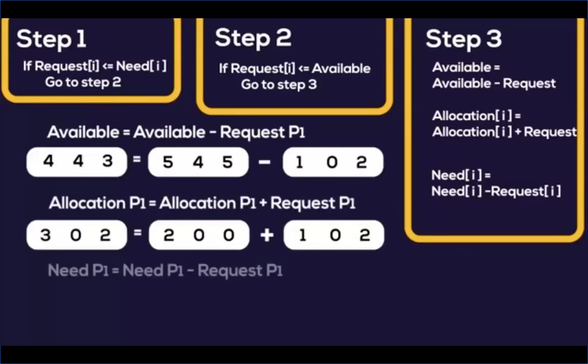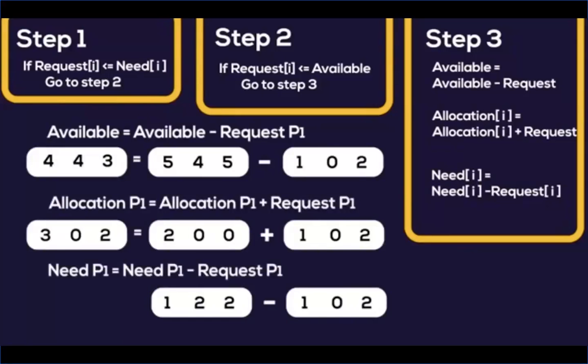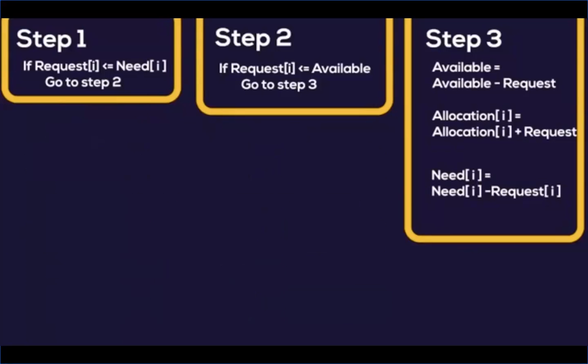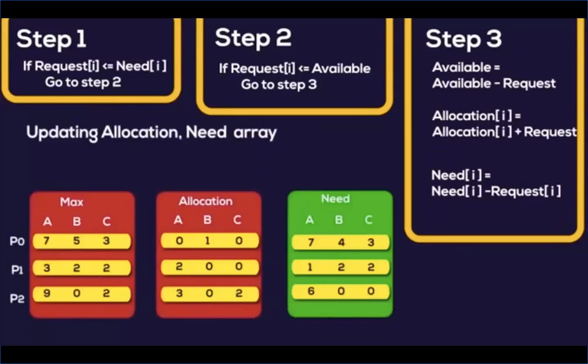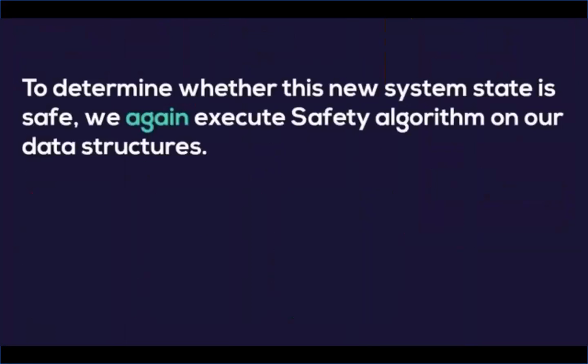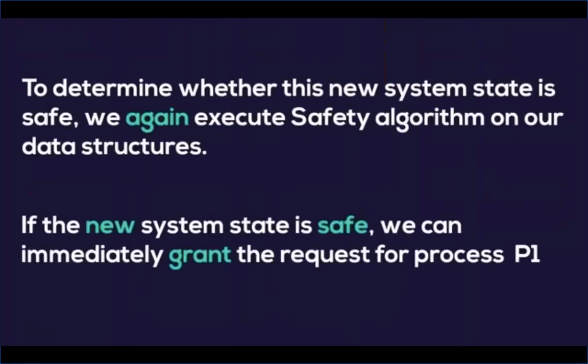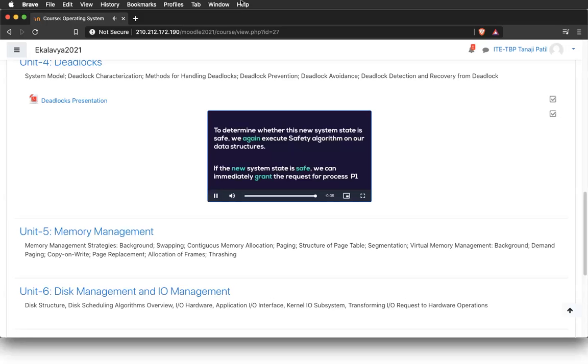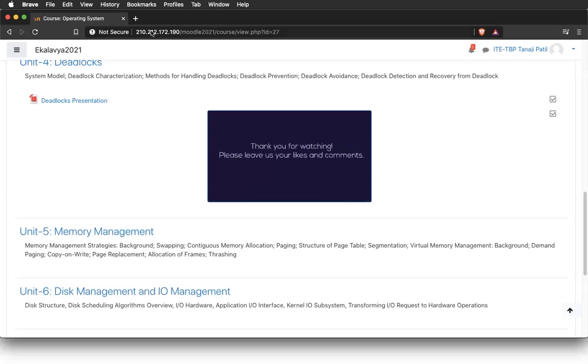Allocation of that process is updated and need is also again we need to execute the safety algorithm. If the system is in safe state, we can assign it.